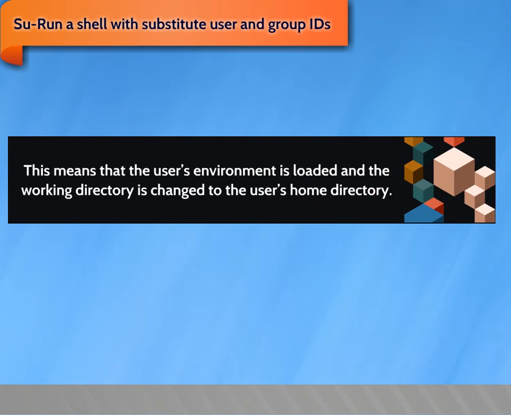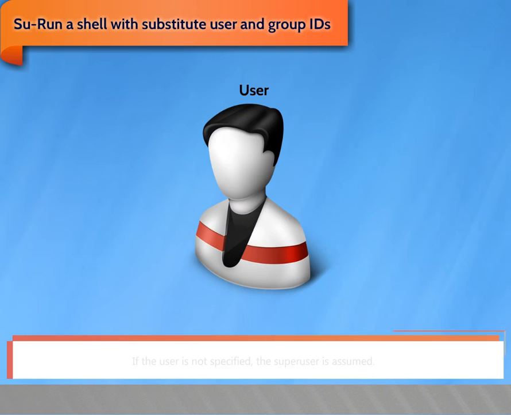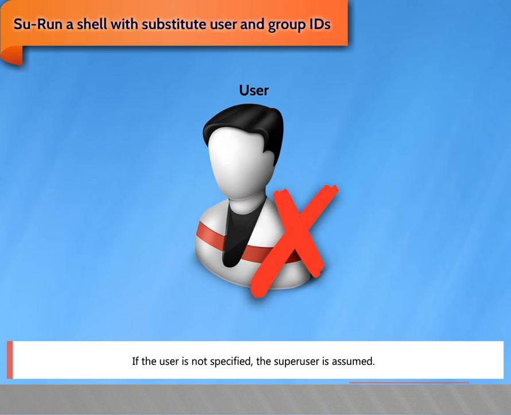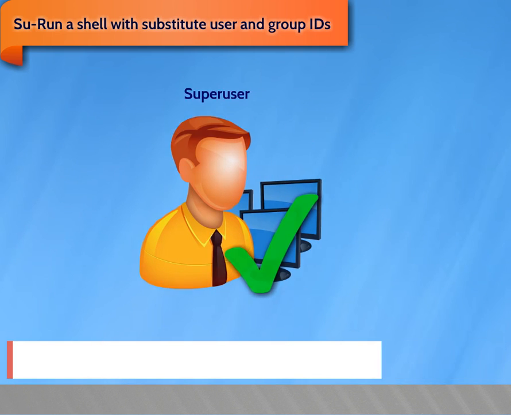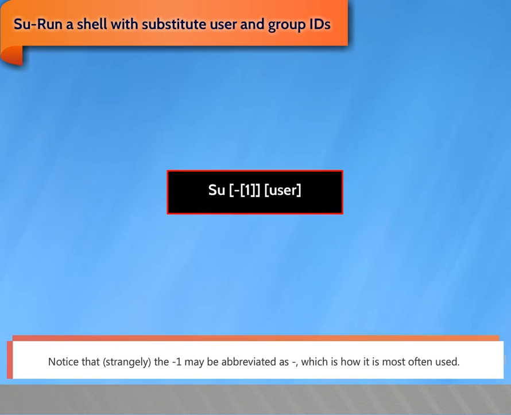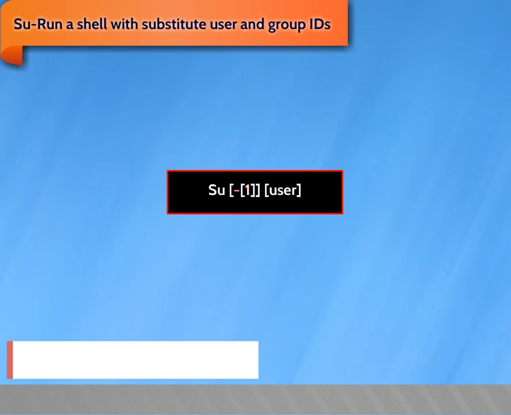This means that the user's environment is loaded and the working directory is changed to the user's home directory. If the user is not specified, the superuser is assumed. Notice that, strangely, the -l may be abbreviated as a single dash, which is how it is most often used.